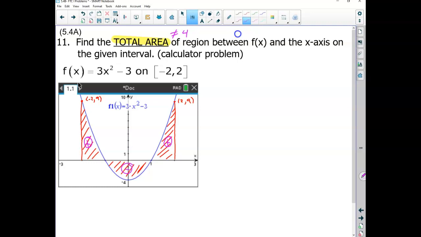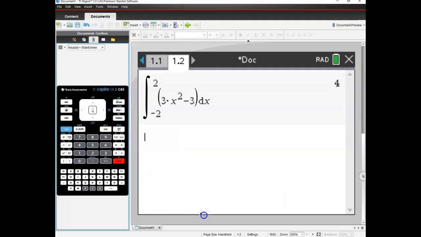So the easiest way to think about this is I can come right back to my calculator here again. I'm going to come up here and copy that, and I'm going to put another parenthesis here.